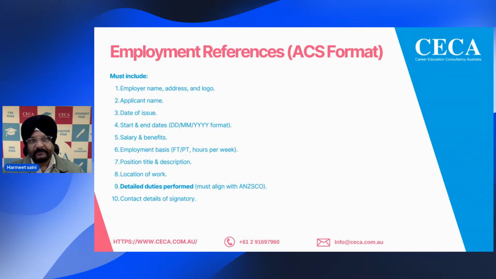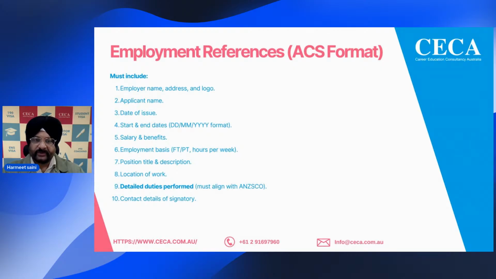Similarly, how much salary you are getting, what other benefits you are getting, and how many hours per week you are working, everything must be mentioned on the reference letter. Your position title, job responsibilities and location of work must all be described on the reference letter by the employer.